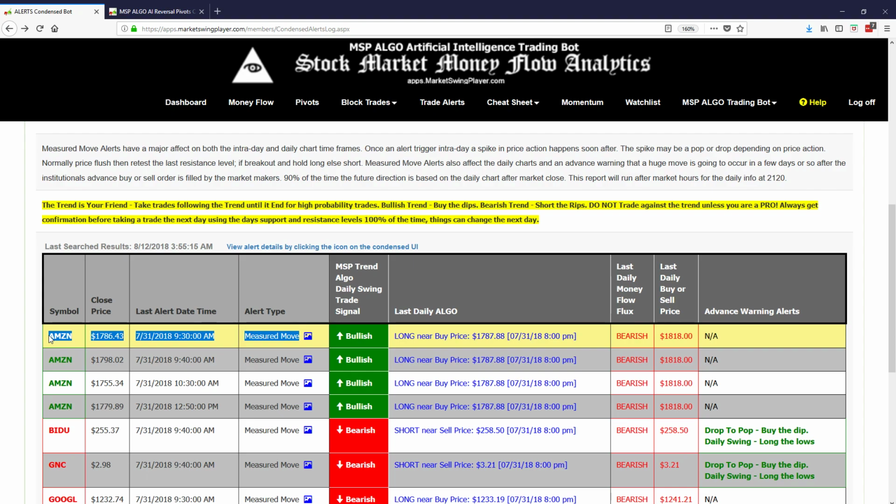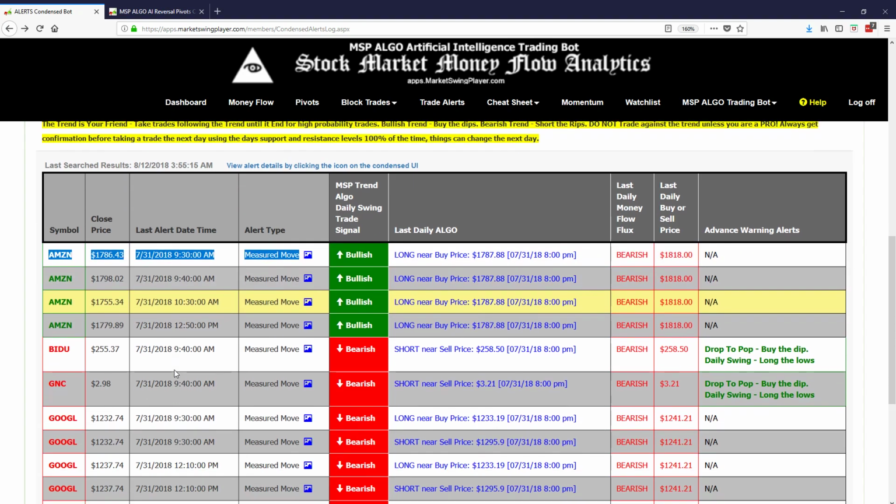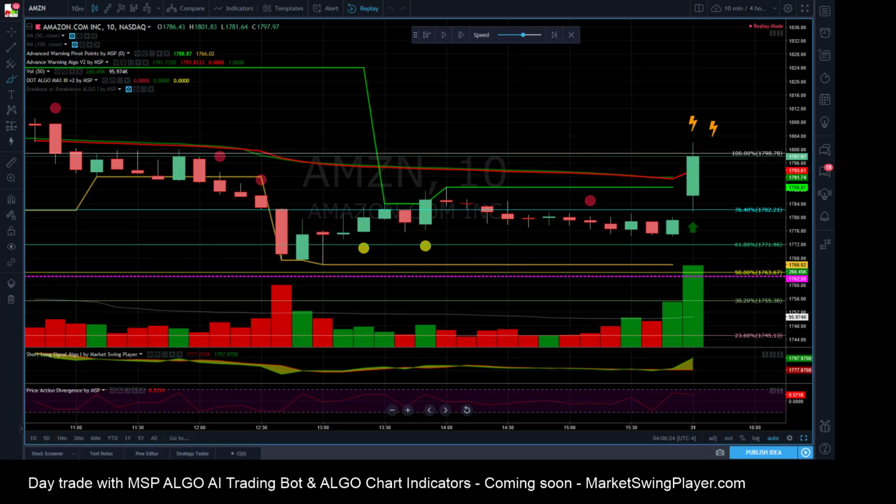But this is the most important, and this is how to get rich trading measured move alerts, intraday scalp trading. So we can see this is at 9:30 and price is at 1786. So let's go back to the chart.